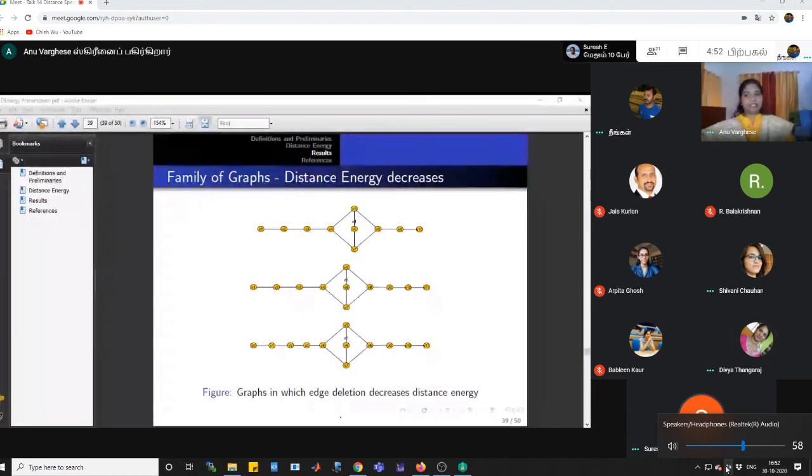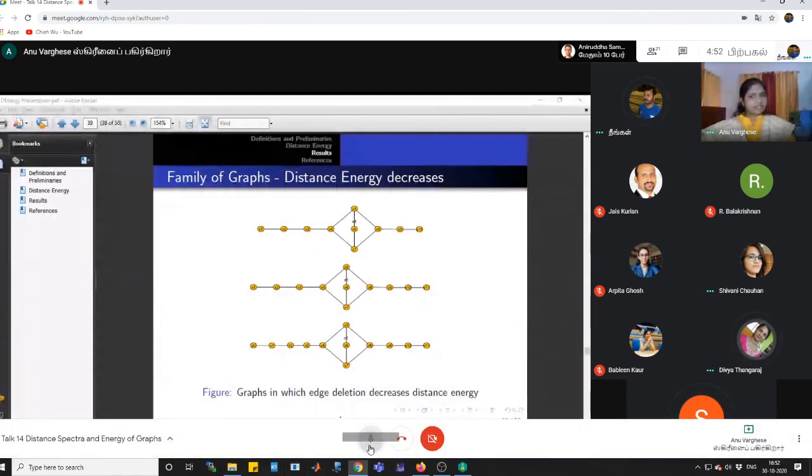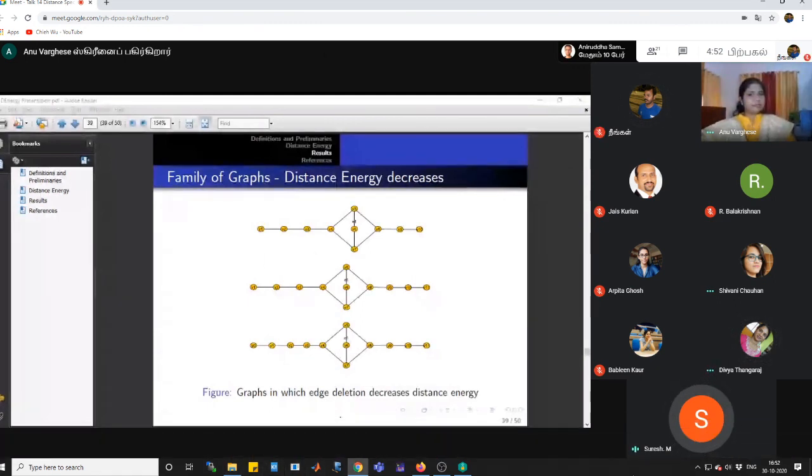Suppose H is a given graph. If H is a graph obtained by deleting a vertex, then the adjacency matrix of H is the principal submatrix of the adjacency matrix of G. Right, but this result may not be true for distance.